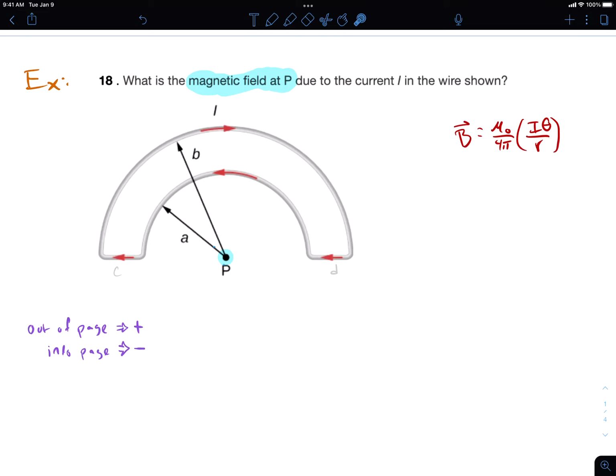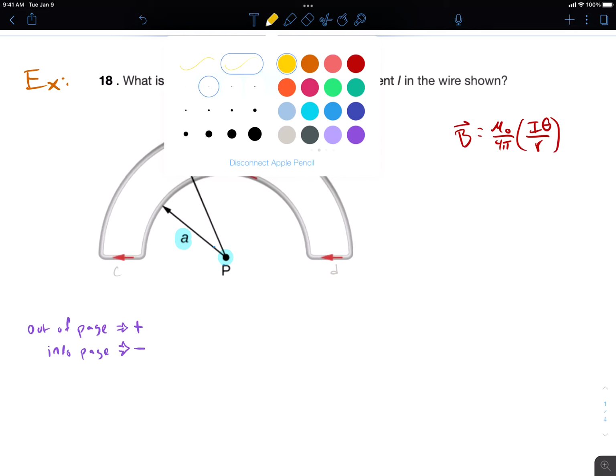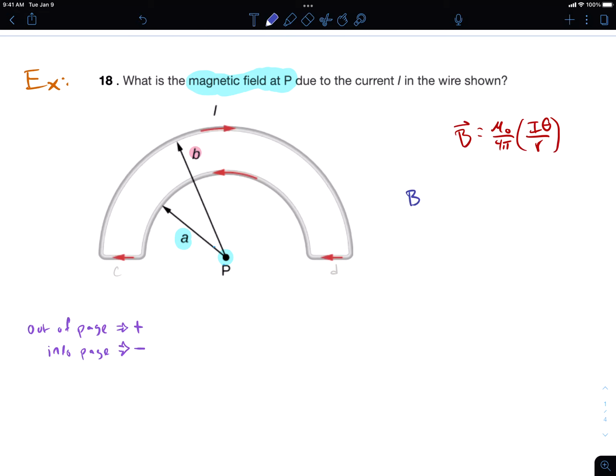But what I want to focus on first is portion A and portion B. So for portion A, I'm going to call this BA. Let's try to set up the formula to solve this. Now this seems a little bit strange because we don't have values here to plug in.